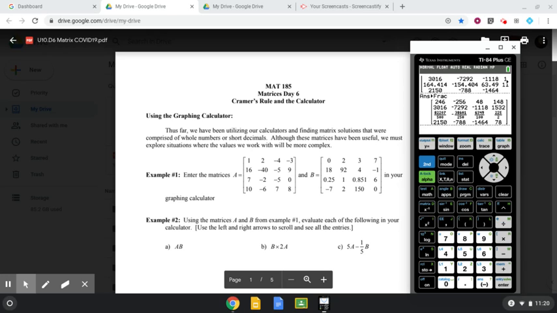Same thing will also apply with C, 5A minus 1/5 B. So I'm going to do 5, matrix A, choice 1, minus. Now, if you have the new operating system, remember, you can do alpha y equals to get the fraction menu, choice 1. We're going to do 1/5.